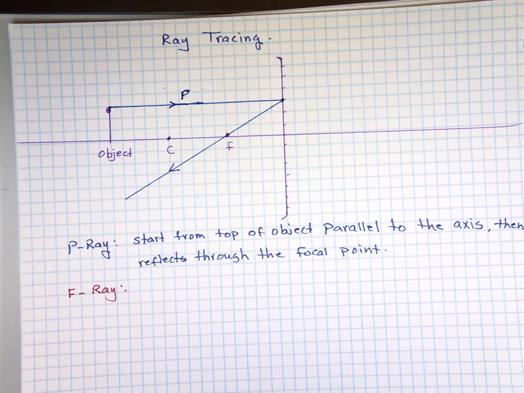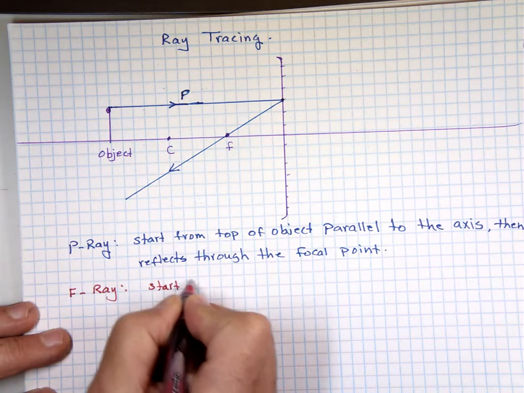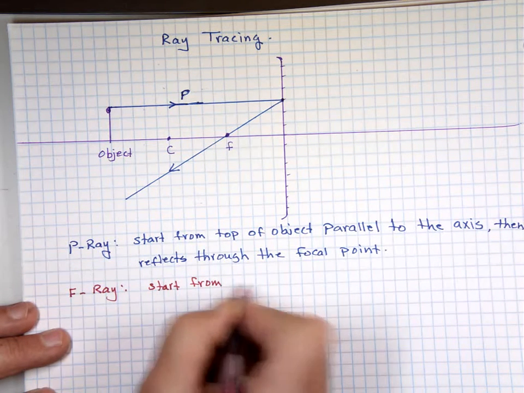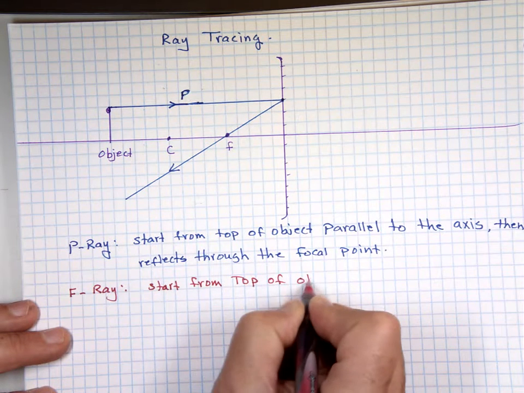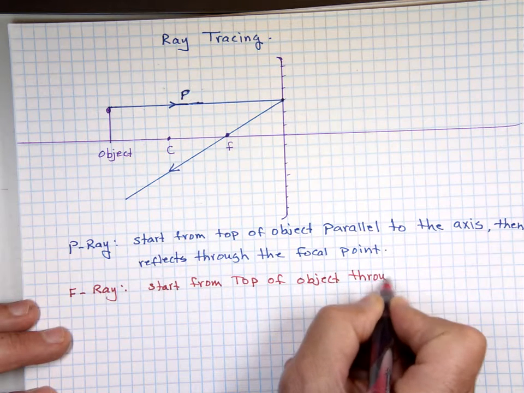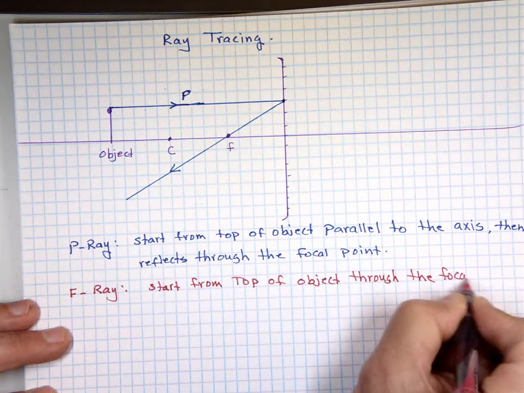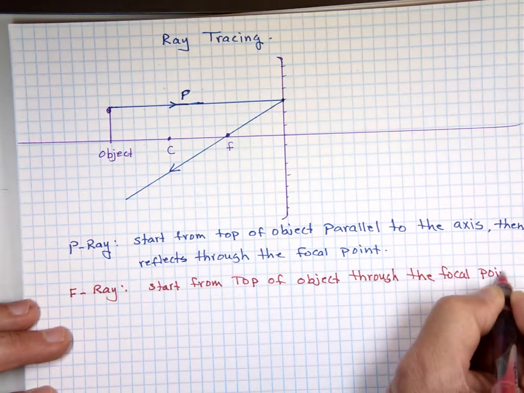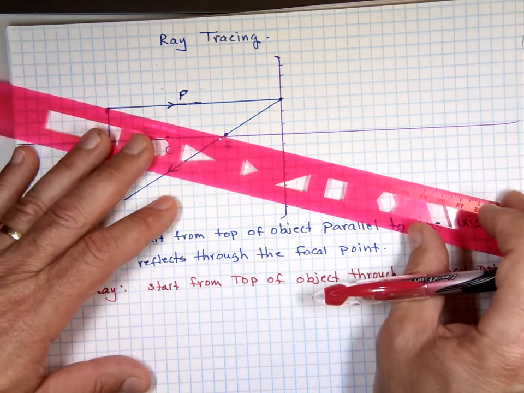Just to stay with the notation of our book here, just make sure. The F ray. Start from the object. Top of the object. I do more from the top of the object. Through the focal point. So that's the F ray. Start from the top of the object through the focal point.